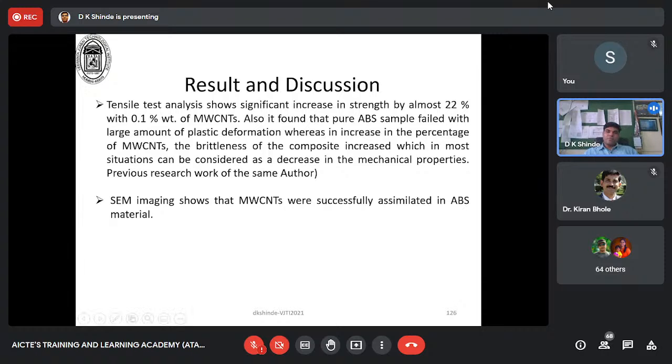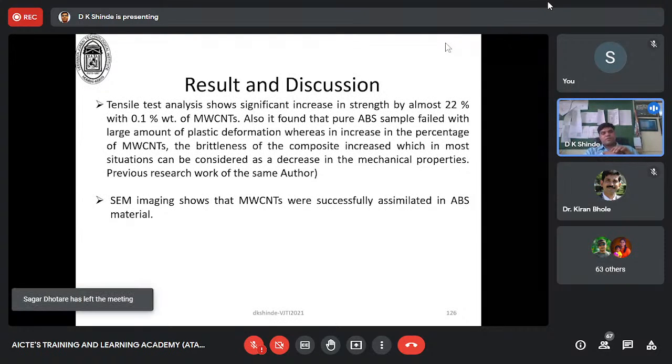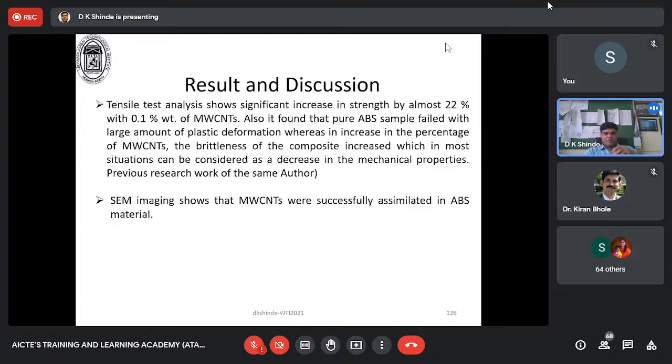MWCNT, and it is found that in the natural ABS a large amount of plastic deformation has occurred, and you can see that adding CNTs, the plastic deformation is reduced. If you see the behavior of those stress versus strain graphs, the brittleness has also increased by adding more weight percentage in these different kinds of infill pattern, as well as the percentage infill.